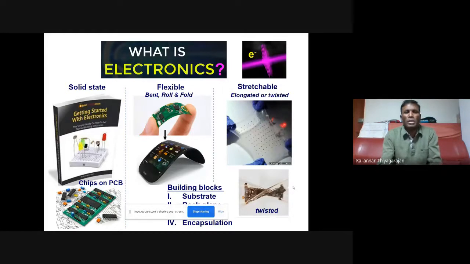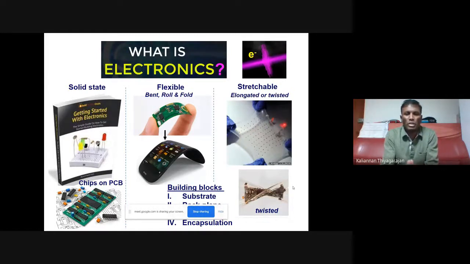The components, from capacitor to transistor, are all made of solid material. The devices deal with a solid substrate and solid components, and that is called solid state electronics. That is the current commercialized electronics we are using.